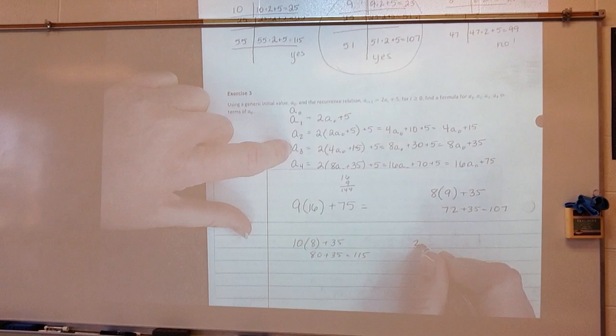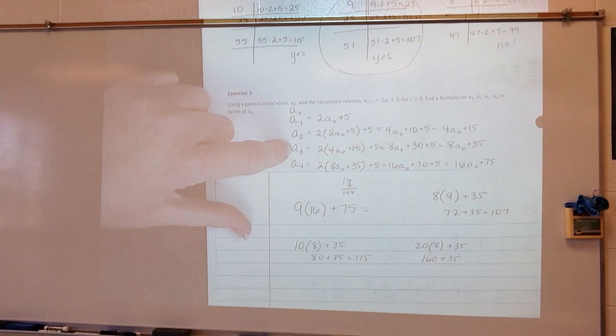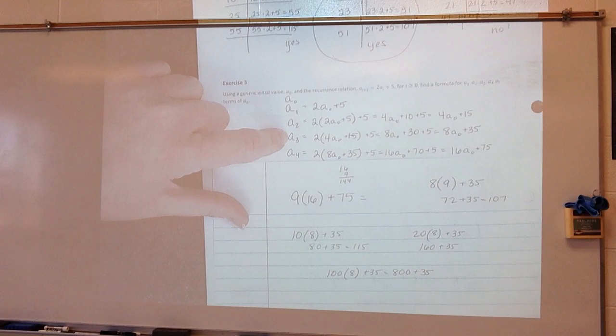Let's go to 20. 20 times 8 plus 35. That's 160 plus 35. That's not going to work, is it? Let's go to 100. 100 times 8 plus 35 would give us 800 plus 35. That's still not big enough.